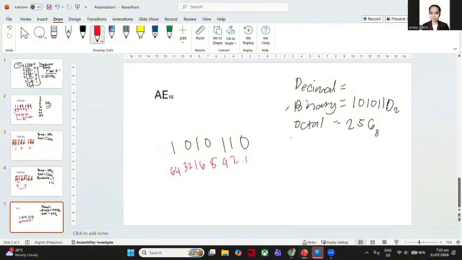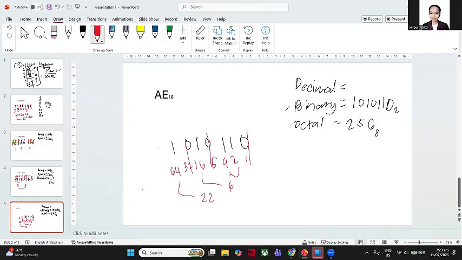So now we cross out the zeros. Now we have 64, 16, 4, 2. 4 plus 2 is 6. 16 plus 6 is 22. Now 64 plus 22.